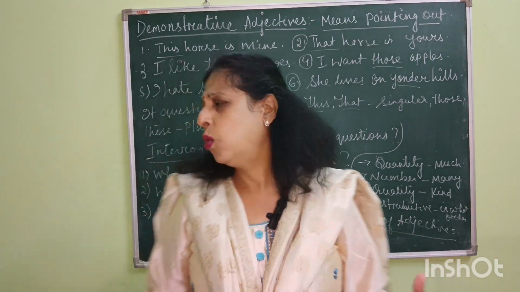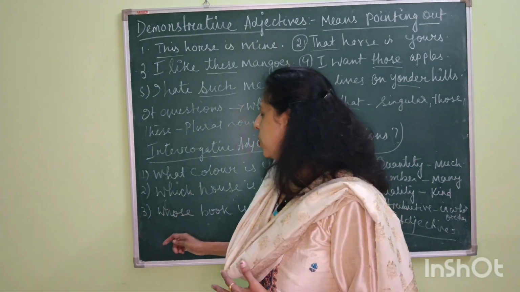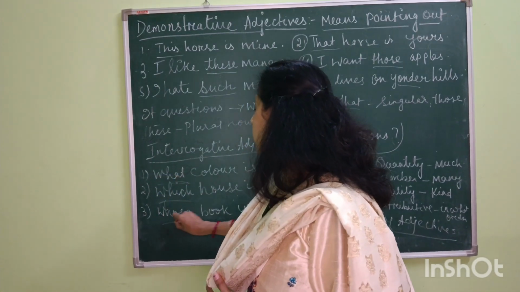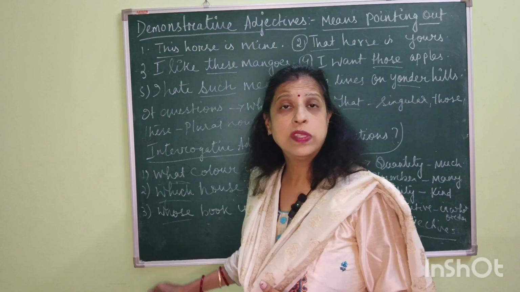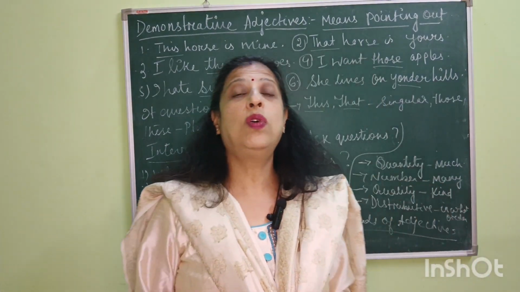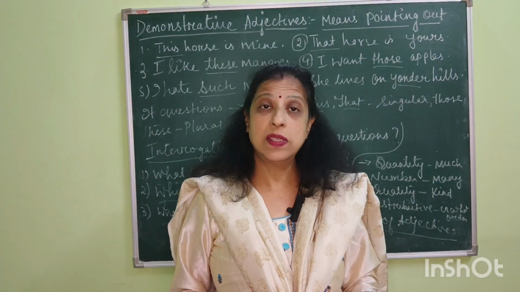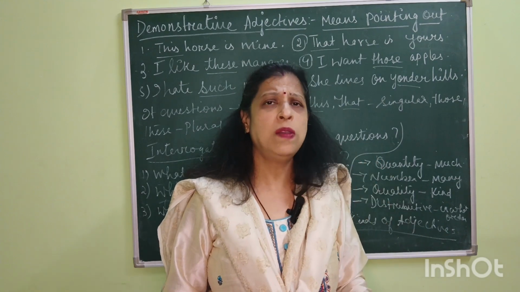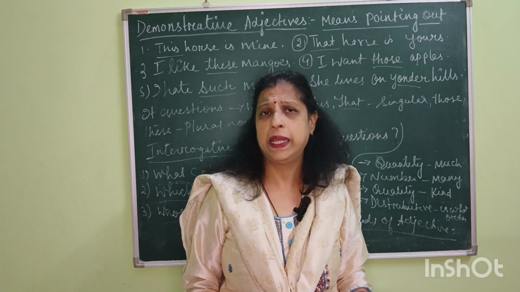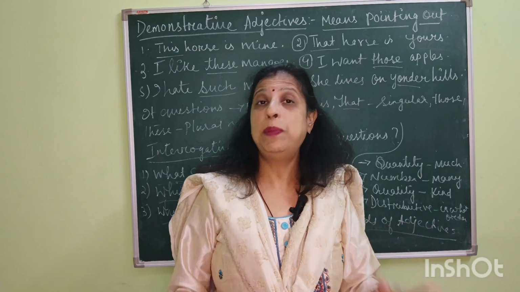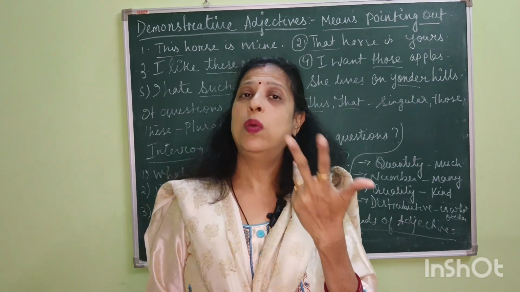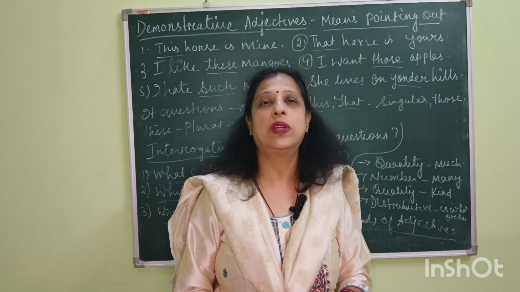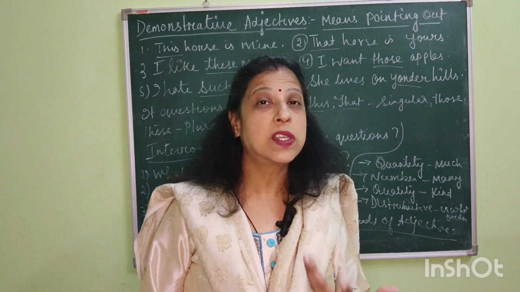So whose, what, which, these are all interrogative adjectives. What, which, whose, why, whom, these are all interrogative adjectives because they ask questions. So all the W's like who, whom, which, what, where, these are all interrogative adjectives because they ask questions.